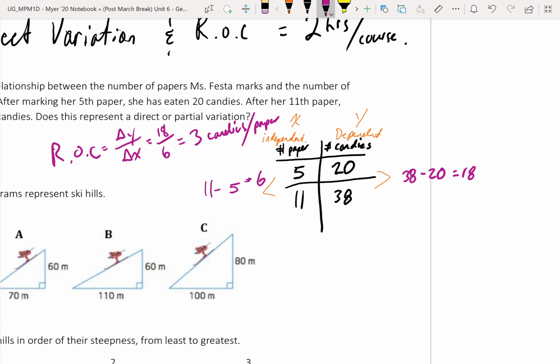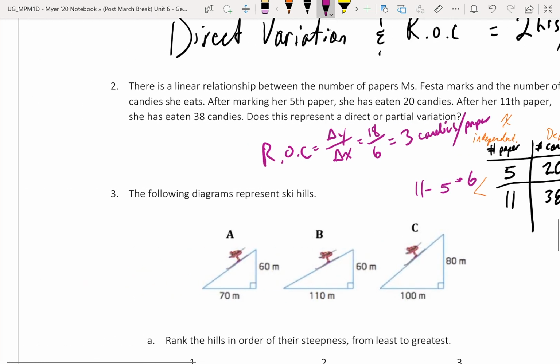All right, so if she had marked 5 papers, and that should be 3 candies per paper, that means she should have only eaten 15 candies. So in this case, there are 5 candies left over.